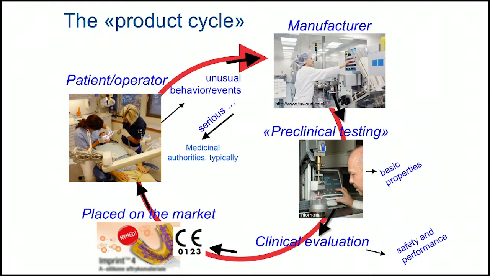If it's serious events, serious threat to health of the patient, for example, then it should be reported to the medicinal authorities as well, typically, Legemiddelverk and so on. And in some countries, for example, Norway, there's a national reporting procedure, bivirkningsgruppen, in case of biological reactions.